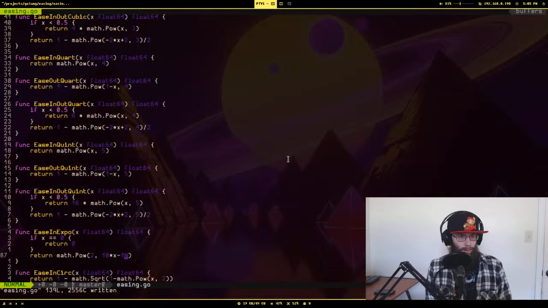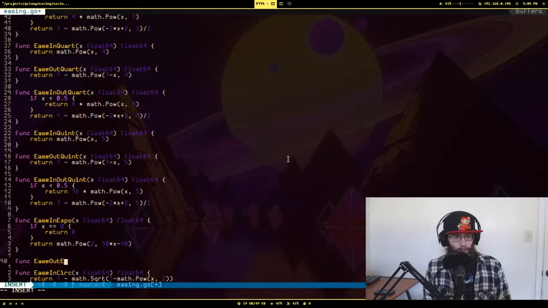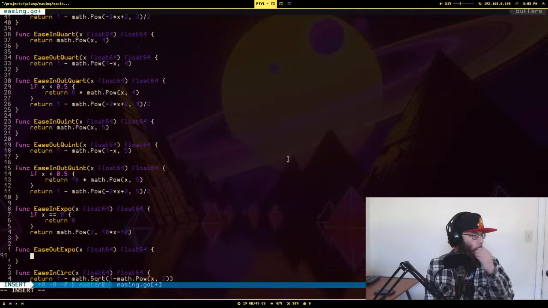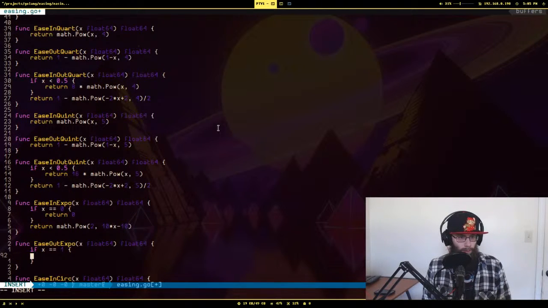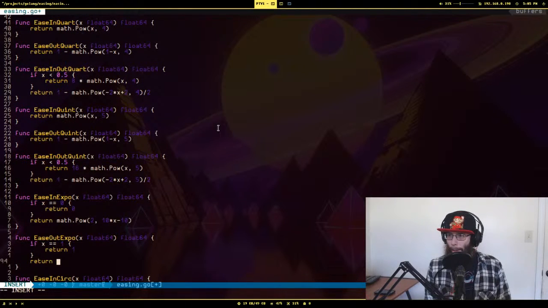Ease out exponential. Func ease out expo. If x equals 1, return 1, otherwise return 1 minus math.Pow 2, negative 10 times x.